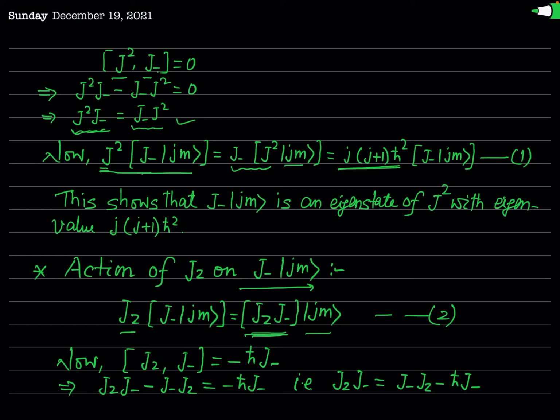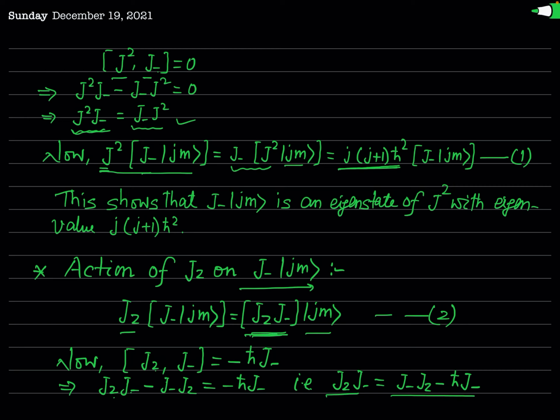As you have learnt in the previous lecture, the commutator of Jz and J₋ is equal to −ħJ₋. You can remember it. You have already studied this commutation relation. Now from the definition of the commutator, [Jz, J₋] is Jz J₋ − J₋ Jz. So Jz J₋ will be equal to J₋ Jz − ħJ₋. So you can use this result in this equation too.